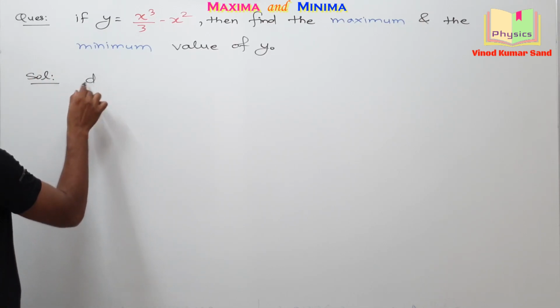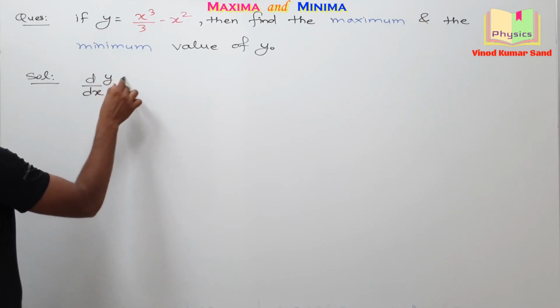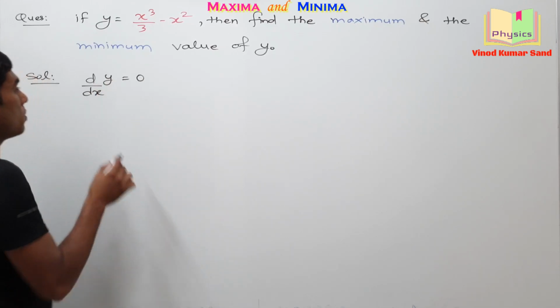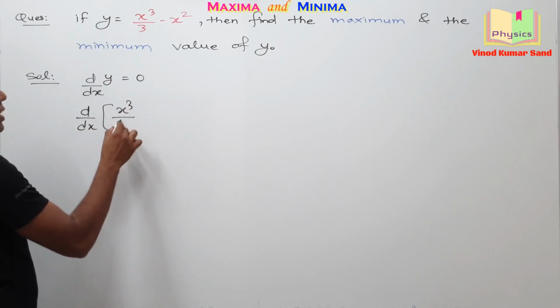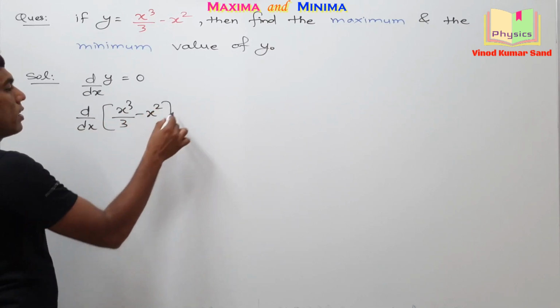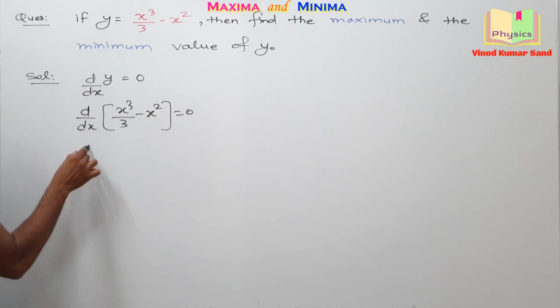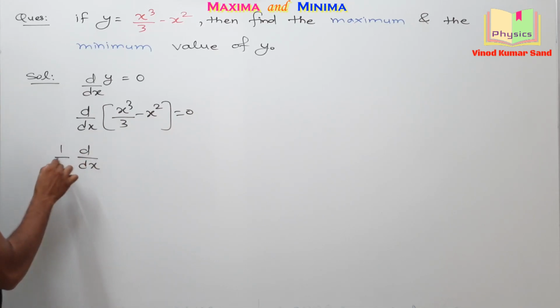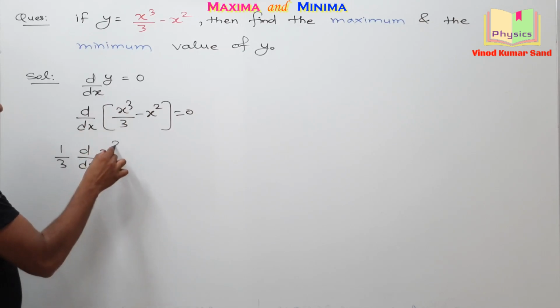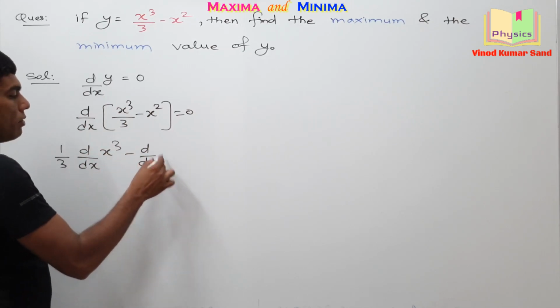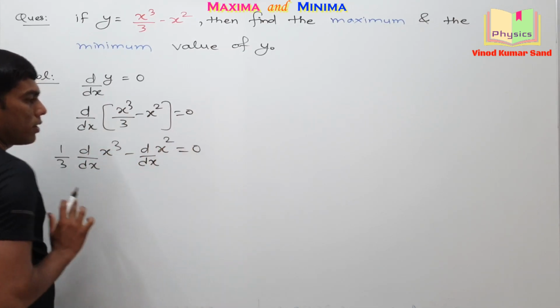First of all, we are obtaining d by dx of y is equal to 0. y is given as x cube by 3 minus x square. So let us differentiate the things. d by dx, 1 by 3 is a constant in multiplication with the function, so I am taking it outside, and here we are left with d by dx of x square.